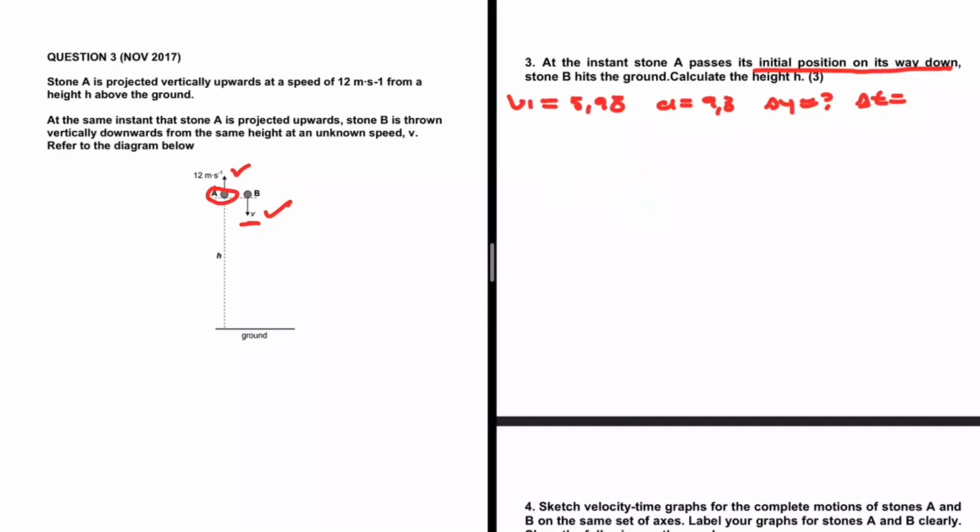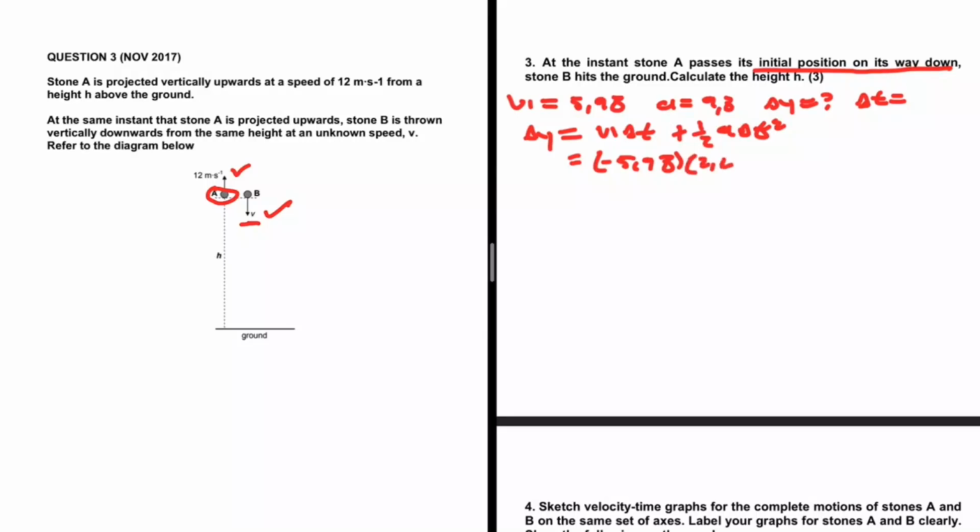So let's see, if we have delta t, Vi, acceleration, delta y, we can obviously say that delta y is equal to Vi delta t plus a half acceleration delta t squared. So Vi, that is minus 5.98. I'm always taking up as positive unless stated otherwise. And then the time is 1.22 multiplied by 2, which will be 2.44.